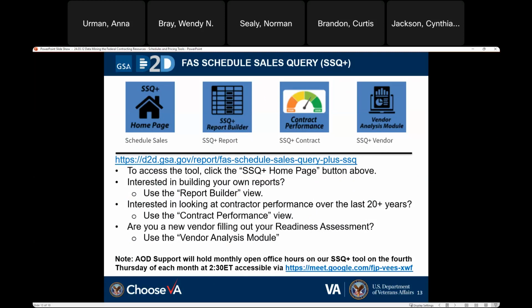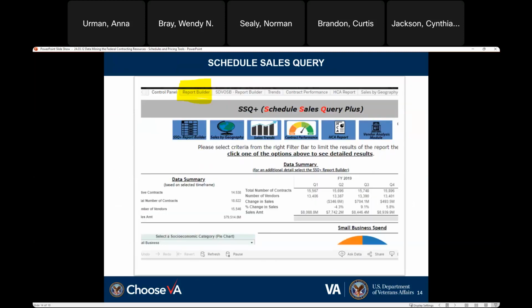So one interesting thing about this tool, as you'll see, these are the same categories that'll stay on top, and then we'll be able to get some additional information through the report builder. One thing that I want to highlight as you look at this tool and as you do your searches, the way that the GSA schedule works and the way that the General Services Administration manages the schedules is vendors apply to be on a schedule.